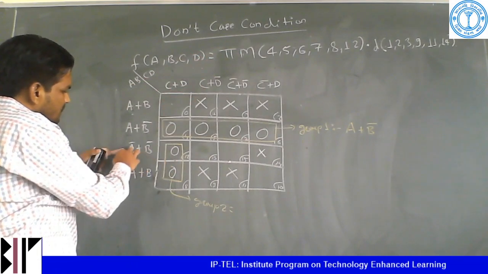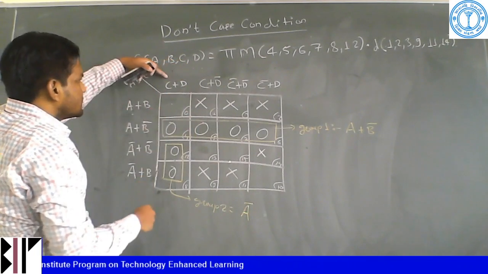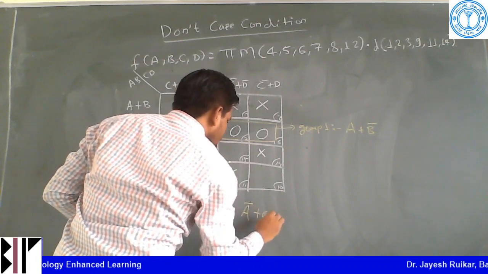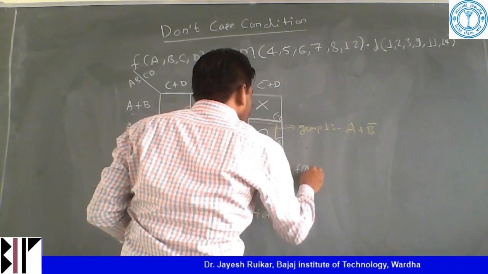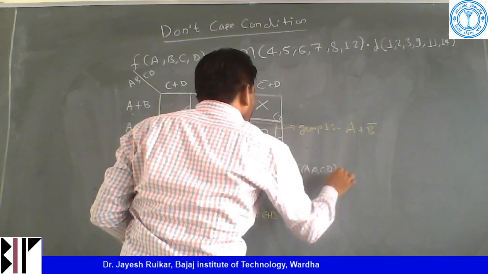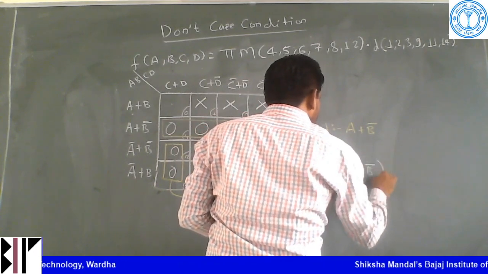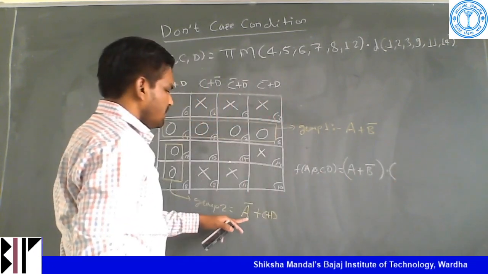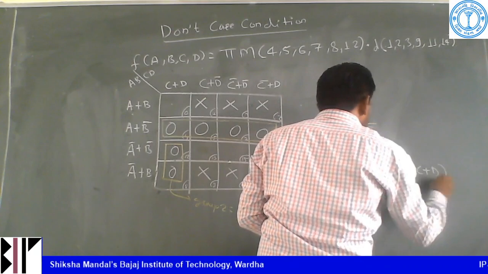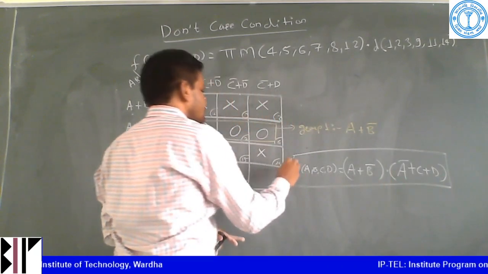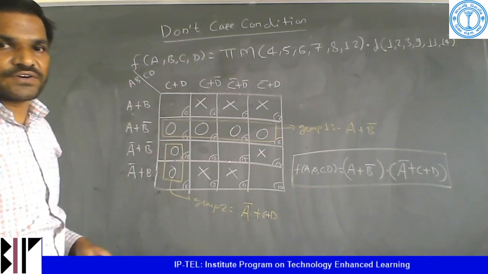For this, A bar plus, from the top side, C plus D. The final expression for this four variable K map is A plus B bar dot A bar plus C plus D. So this is the minimized expression for this particular function, which includes the don't cares. Okay, understood this?